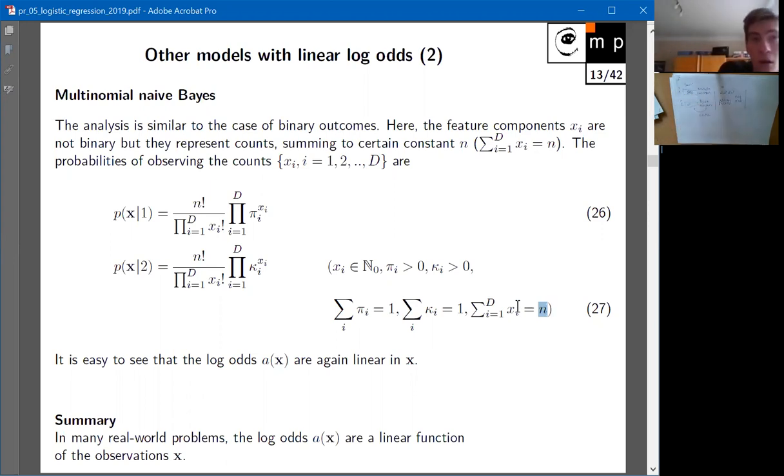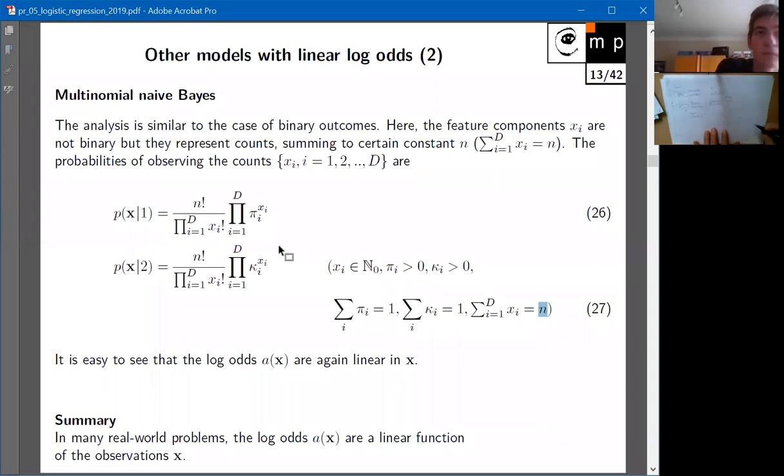So to get the log odds ratio, we will delete these normalization factors, the n factorial and product of xi factorial. We get the product over all dimensions, pi I to the xi divided by kappa I to the xi, and if we take the log of this, it will be again a sum.